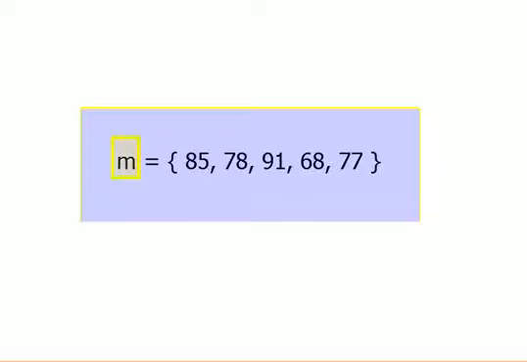M is equal to open curly bracket 85, 78, 91, 68, 77 and close curly bracket. For our convenience, we assume that this set is an ordered set. So marks are listed as per the roll number from 1 to 5.